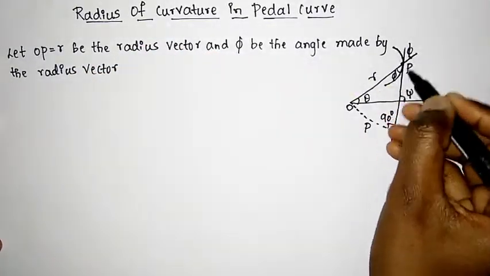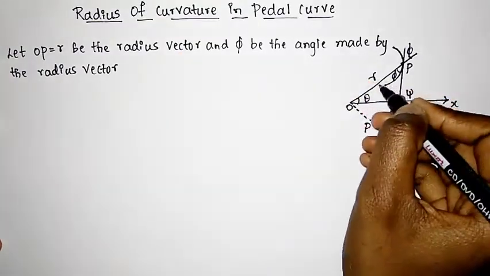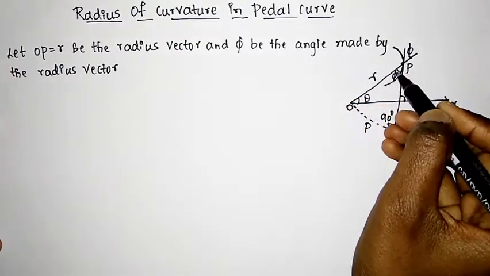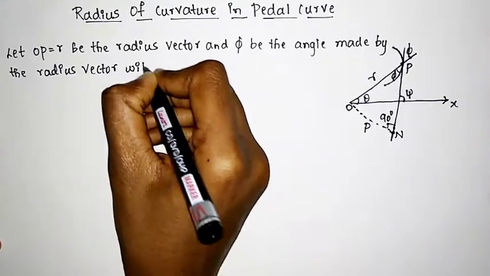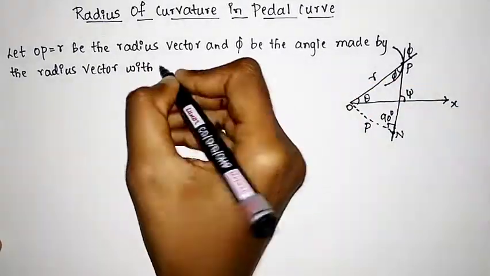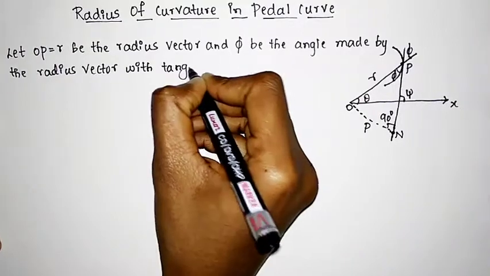We have considered that the tangent is at P, so phi is the angle made by the radius vector with the tangent.